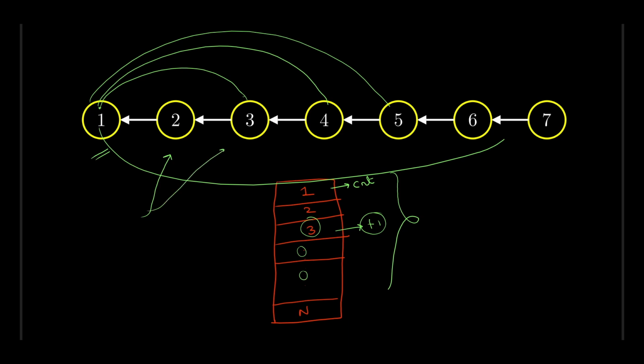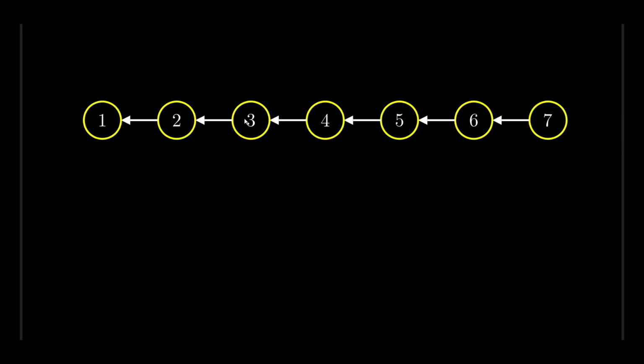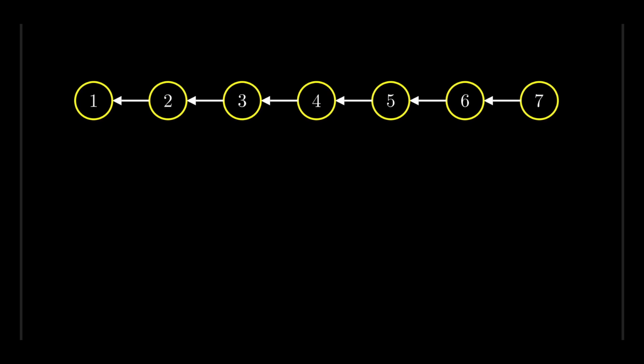Now what happens when you process the second element, or when you process the third element? So in general, assume that you are at index 4. This means that you have already processed all the graphs where the starting edges are 1, 2 and 3, because you are processing them in sorted order.